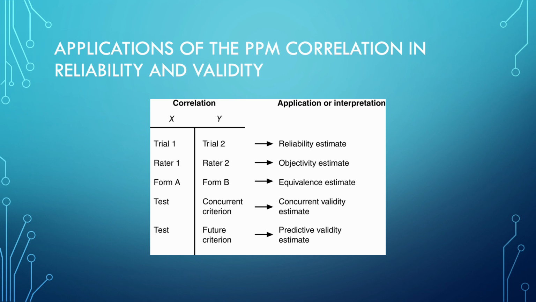We have rater 1 versus rater 2, and that gives us our objectivity estimate. Form A versus Form B is our equivalency estimate. Our test versus our concurrent criterion gives our construct validity estimate. And our test versus our future criterion gives us our predictive validity estimate. So this chart, I highly recommend that we understand it and memorize it.